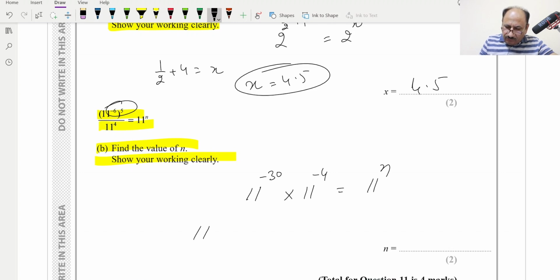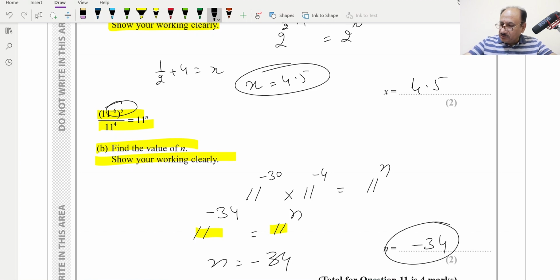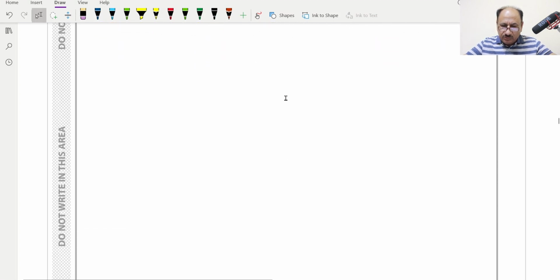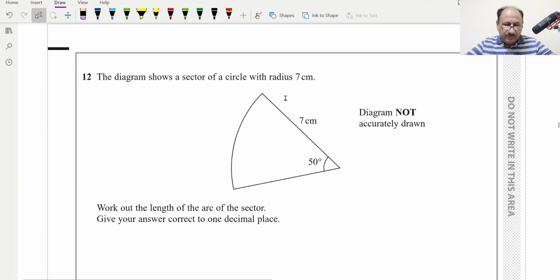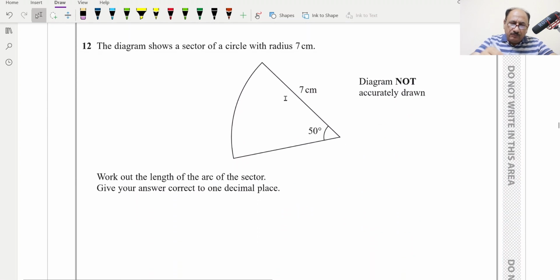Then we can write 11 raised to the power minus 34 is equal to 11 raised to the power n, and bases are again the same, so powers will be the same, so we can write n is equal to minus 34. So minus 34 will be our answer for this part. 2 marks, very easy question. It's basically a straightforward paper, not complex.